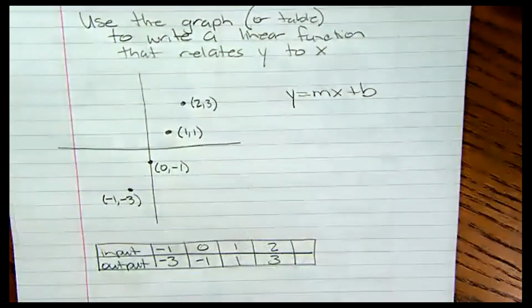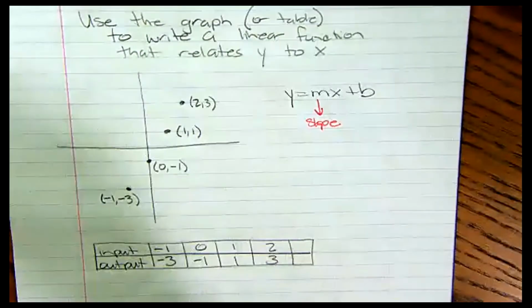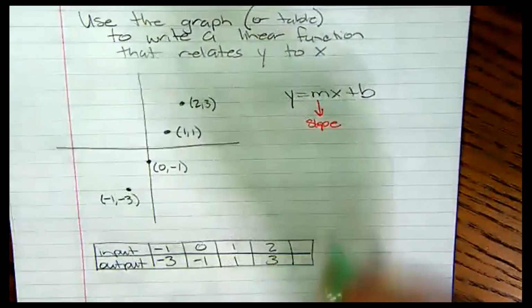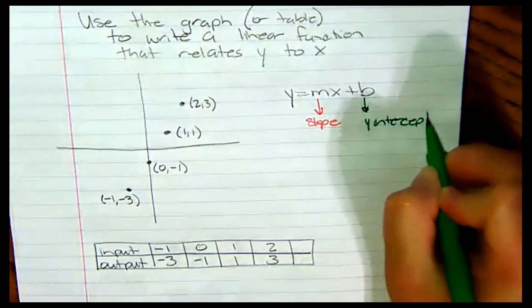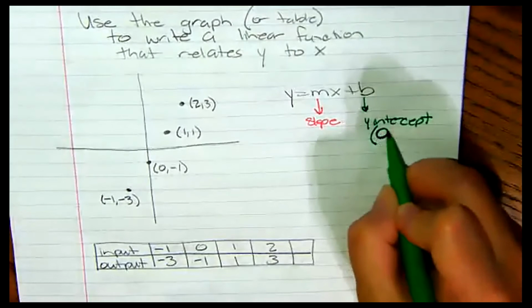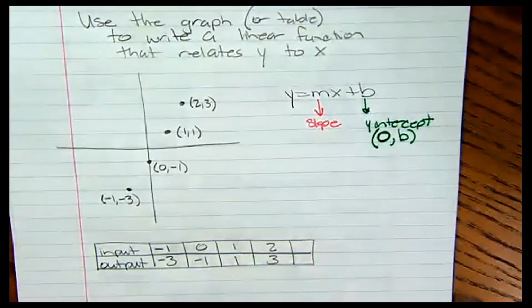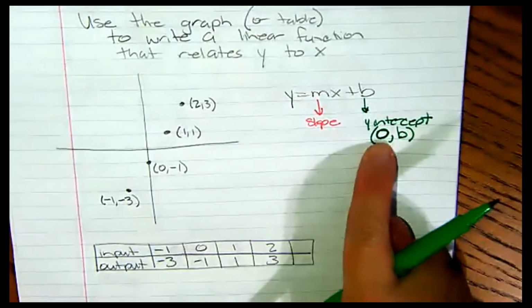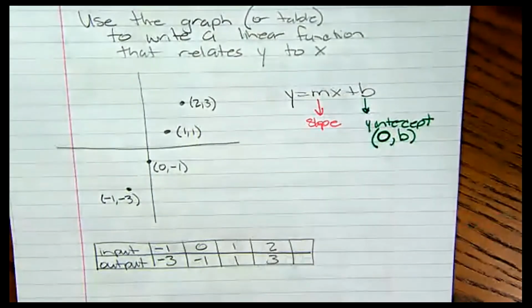We also know that m is the slope and b is the y-intercept. And the y-intercept is when x is 0, what is our y? Our y is going to be b. So when x is set to 0, what's our y? The y will be b.